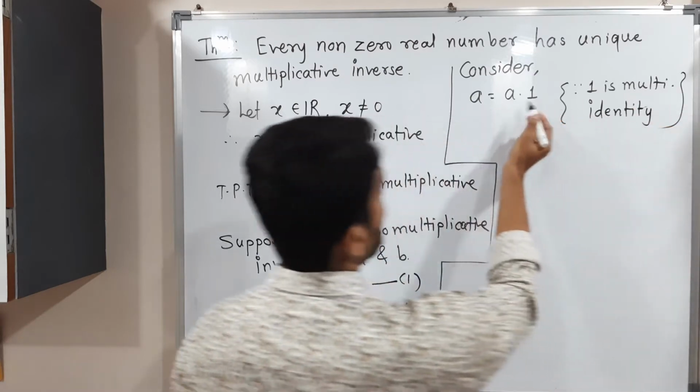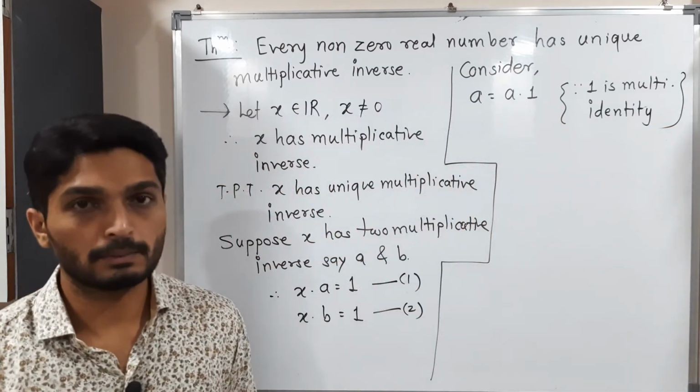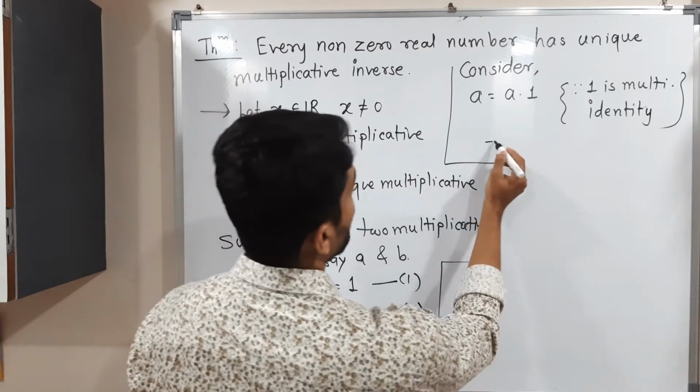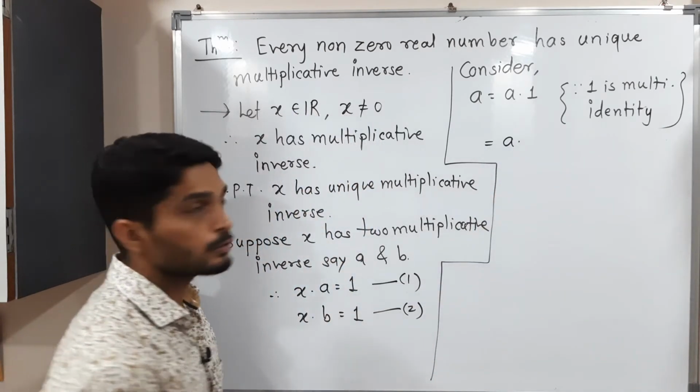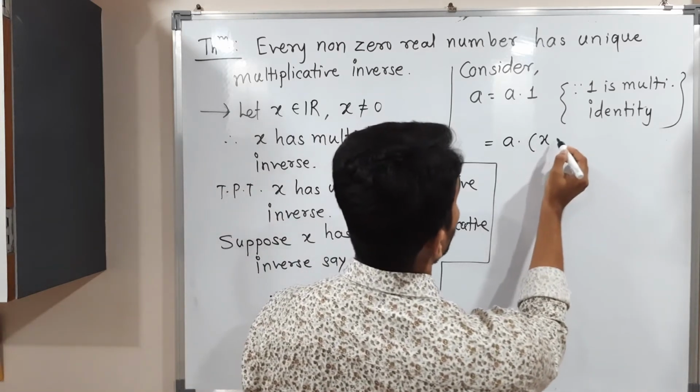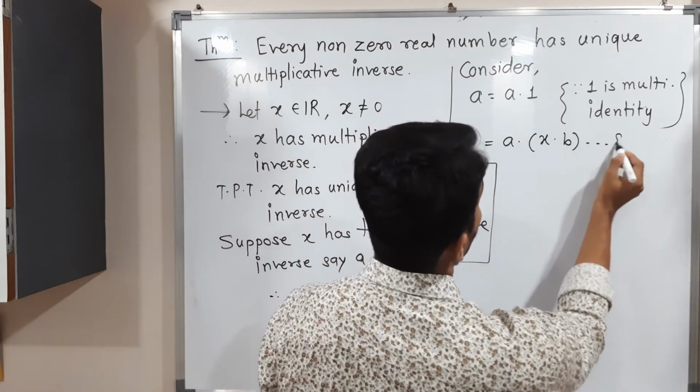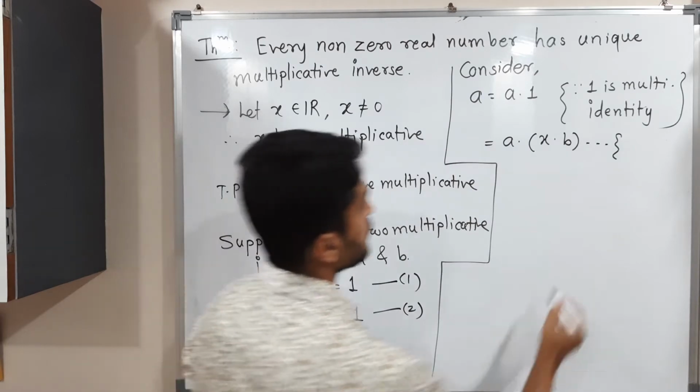So that means when you multiply any number by 1, you will have a same number, right? So this is equal to A into 1 means what? 1 means I can write x into B. So this is x into B. We could write it because of equation number 2.